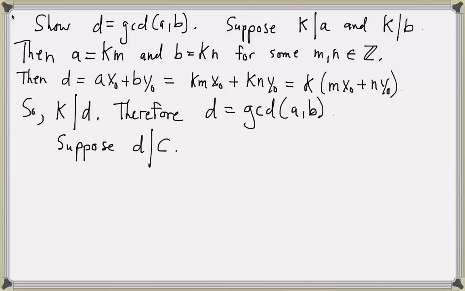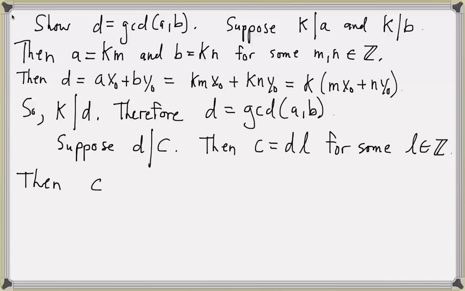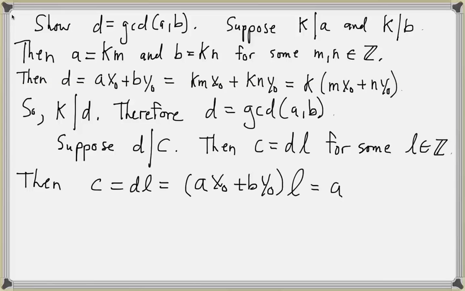Since D divides C, I can write C as D times some integer, let's call it L. Then C, which equals DL, equals, and I'm going to replace D with (A x0 plus B y0) times L. If I distribute an L, this equals A times L x0 plus B times L y0.